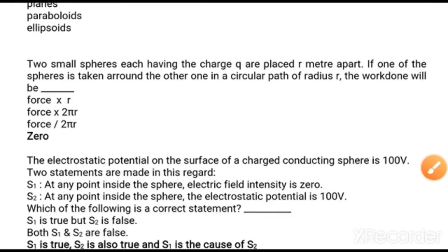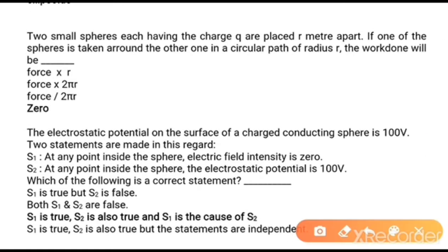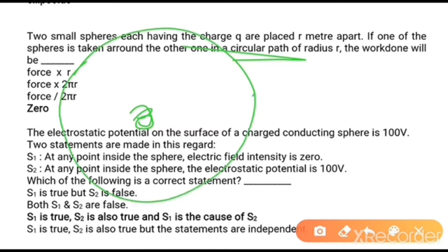Next question. Two small spheres each having the charge q are placed r meter apart. If one of the spheres is taken around the other one in a circular path of radius r, what will the work done be? Here one charge is fixed and another charge is taken in a circular path. The distance between the two charges is r.